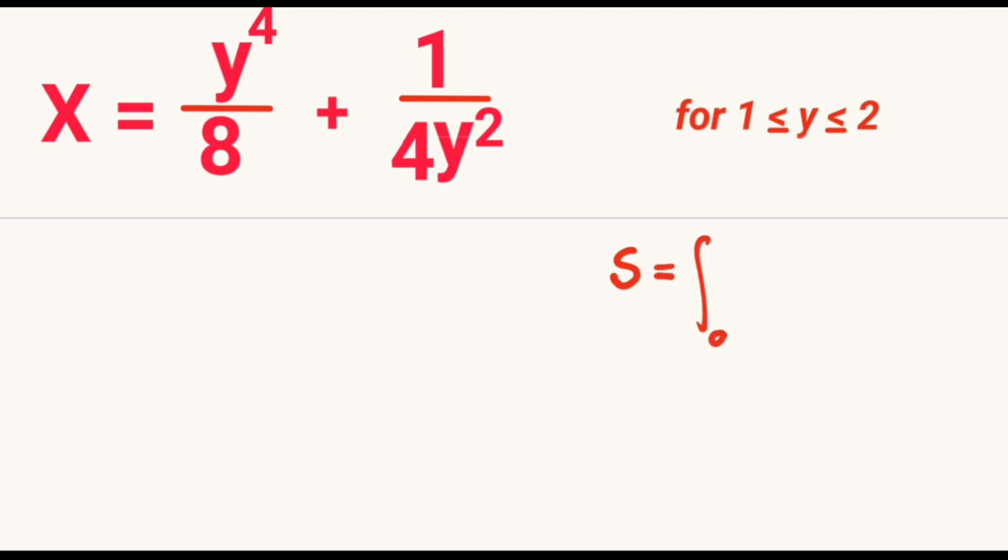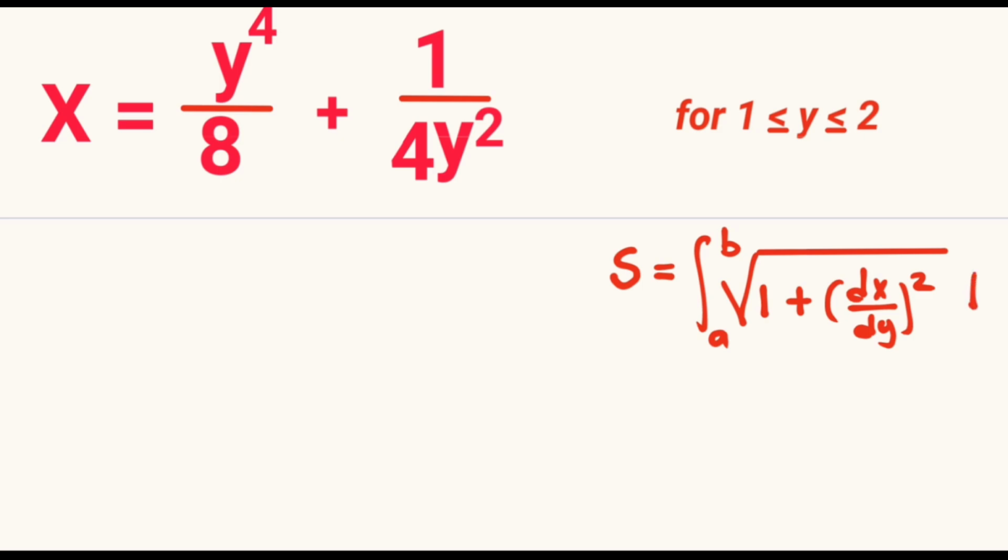Instead, we use the formula S is equal to the integral from point A to point B of the square root of 1 plus the derivative of x with respect to y, squared, and our integral will be with respect to y, and A in this case is equal to 1 and B is equal to 2, and this we are given.